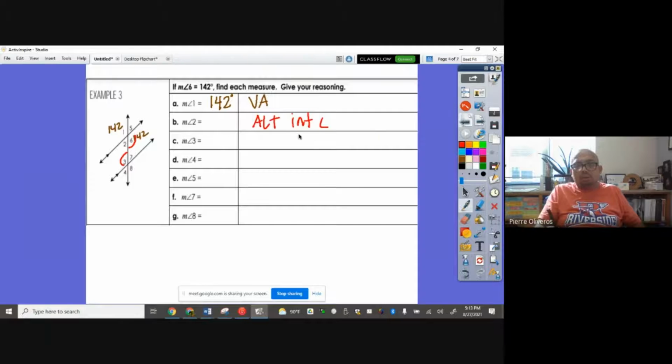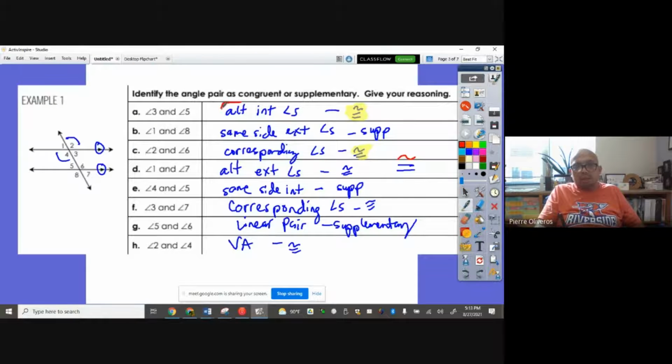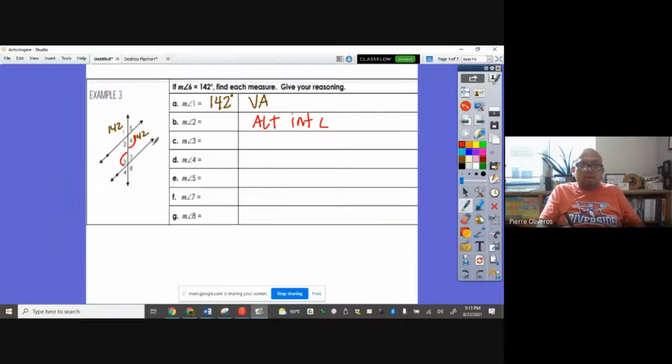And according to our rule here, alternate interior angles are going to be congruent, meaning the equal value. So if angle 6 is 142, angle 3 is 142 also. Look at number 8. If angle 3 is 142, how much is angle 8? It's also going to be 142 because they're vertical angles.